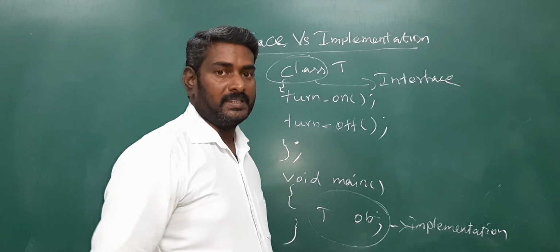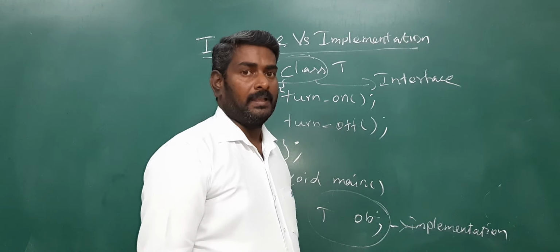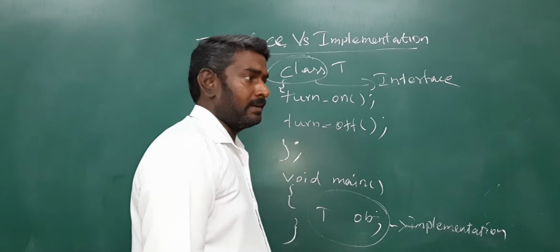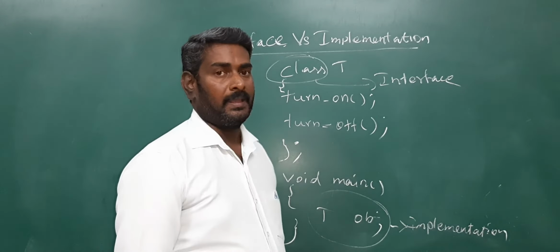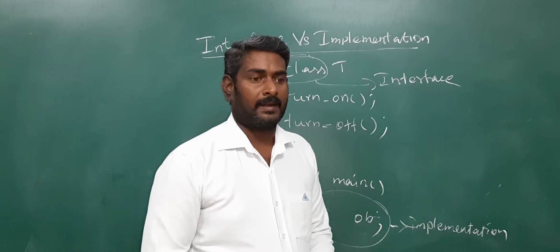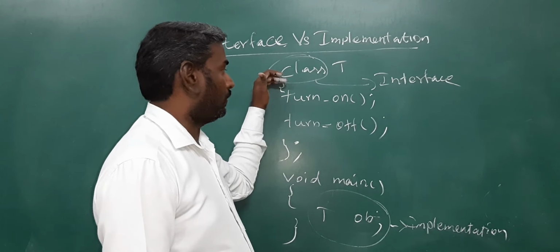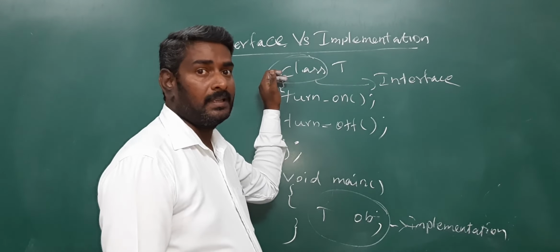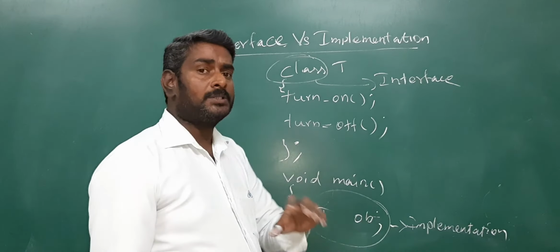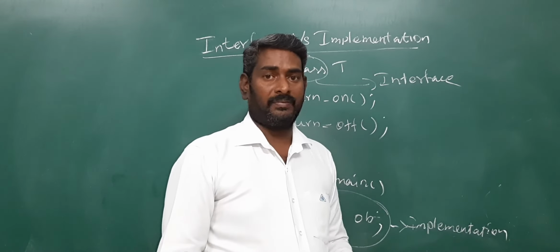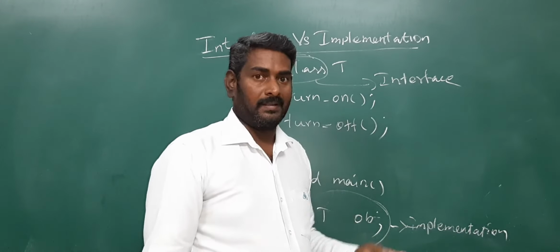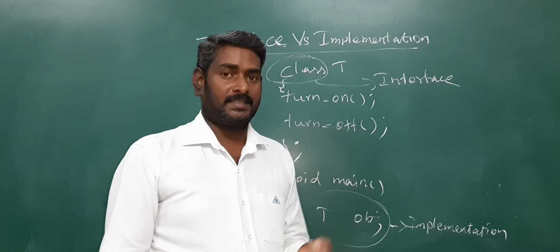Next, we see the characteristics of the interface. There are two main characteristics of the interface. The first characteristic of the interface is that the class template only specifies the interface. Who specifies the interface? The class template. You already know that a class is a template.